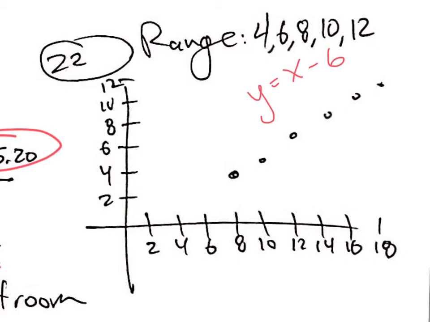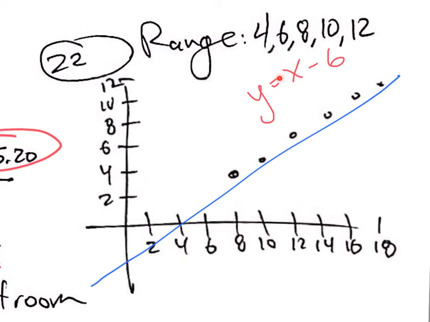So after plugging the domain in for x and solving for y, you should end up with those values for y, that's the range, and then plotting the points x comma y, etc. Notice how we have this nice straight line, where the slope is 1, that's a hidden 1 in front of the x, and the y-intercept should be -6, meaning if I were to extend the graph and look down here, this should be somewhere down around -6 where it crosses the y-axis.